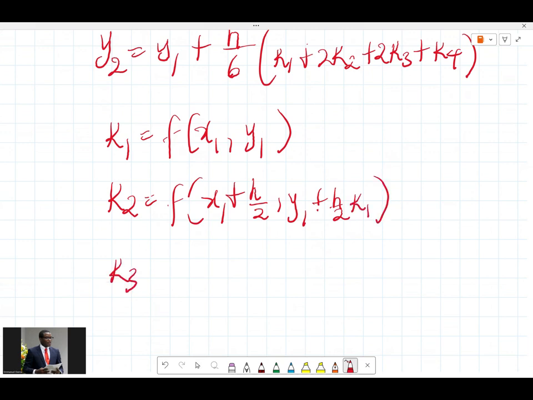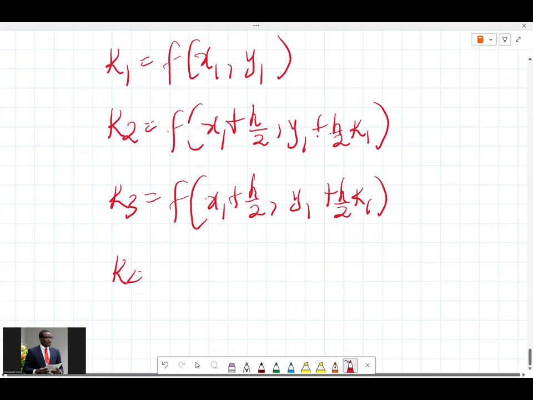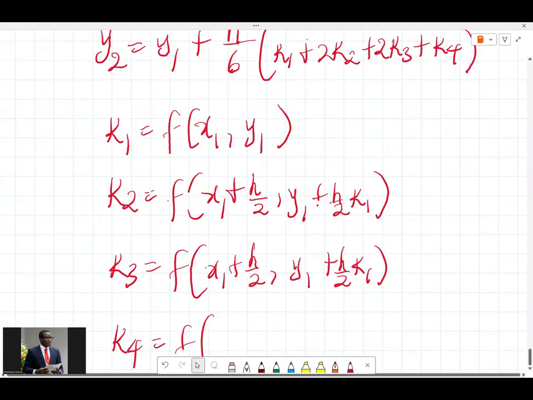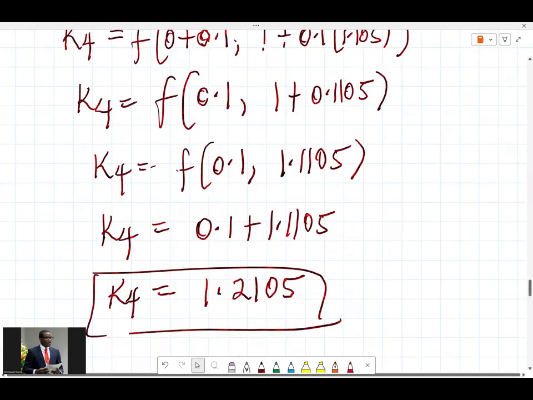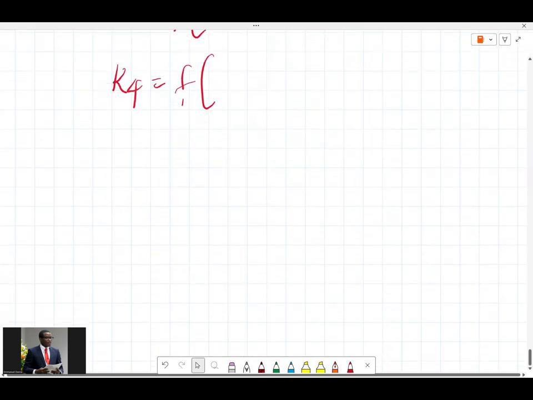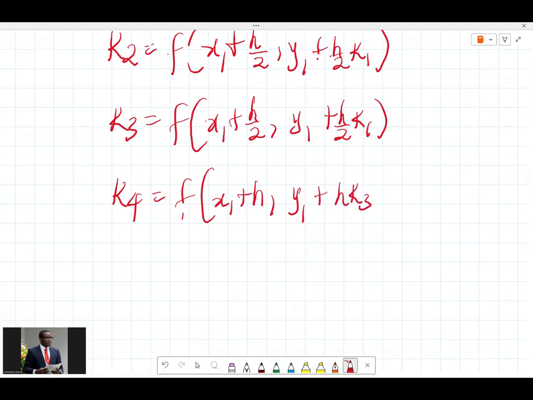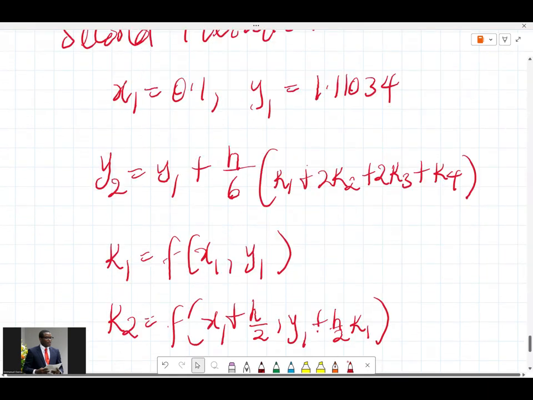Then k3 is going to be f of x1 plus h over 2 again, then y1 plus h over 2 times k2. And lastly, k4 will be f of x1 plus h, comma y1 plus h k3, like that. That's how all of that will go. So you just evaluate this at the end of the day.